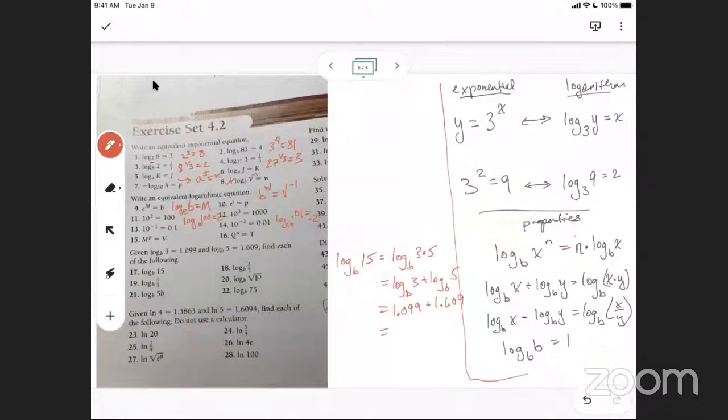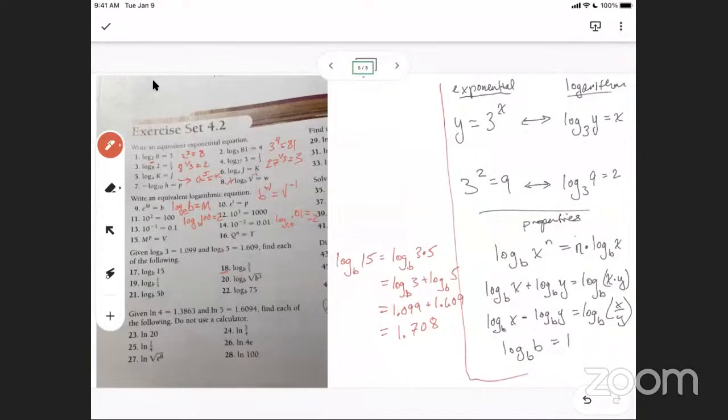Is that right? Okay. Do you see how that worked? So number 20, let's try number 20. I think you can do number 18, right? It's just going to be subtracting them instead of adding them. And then 19 is kind of tricky.